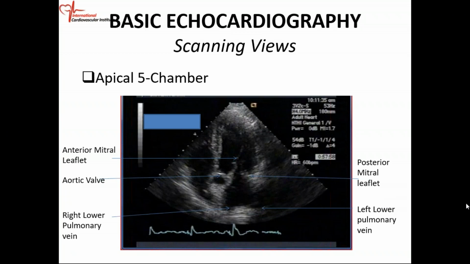Okay, you have to know how to obtain the views, and you have to know where to position the transducer to obtain these views. Not only that, you have to know what the views look like. You have to know what you're looking for. If you don't know what you're looking for, you're going to do all sort of rubbish. So you need, first of all, to know exactly what you're looking for, know where to position your transducer, know how to move the transducer, and then you will get your views.